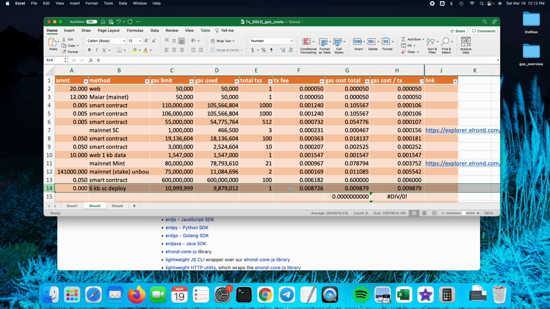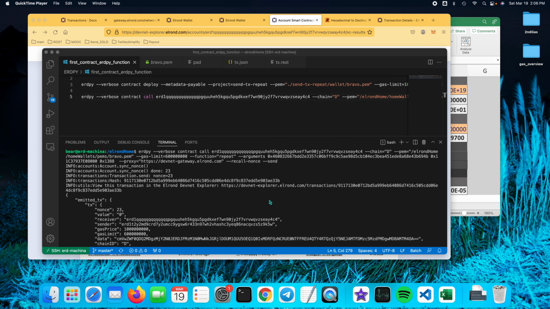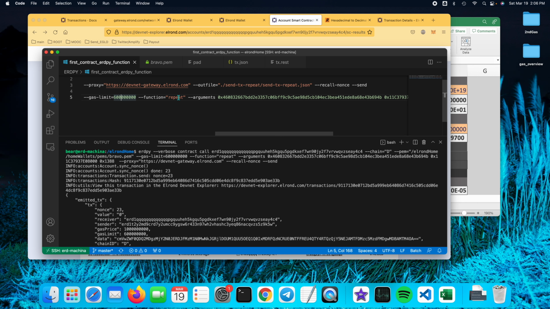So there you go. In an attempt to perform the most transactions that I can get through, I made another call to my contract that has a transaction repeat function, and I put in the max gas on the network. My function is repeat.